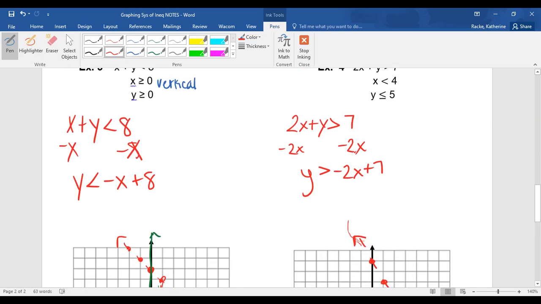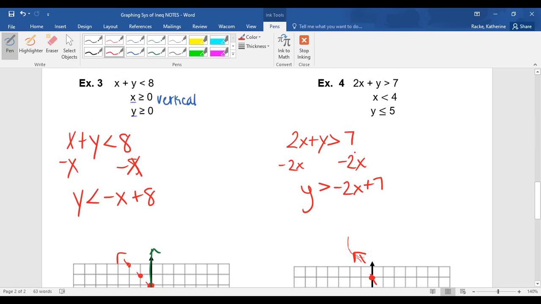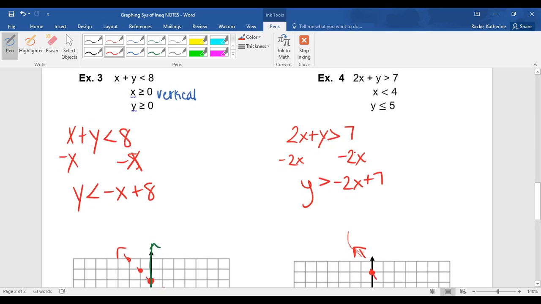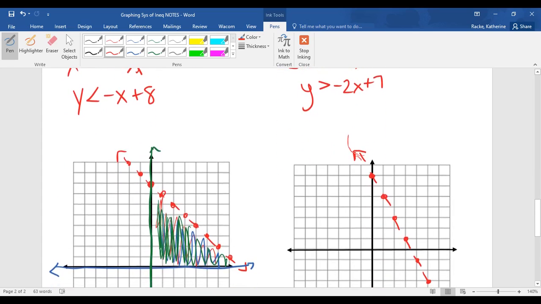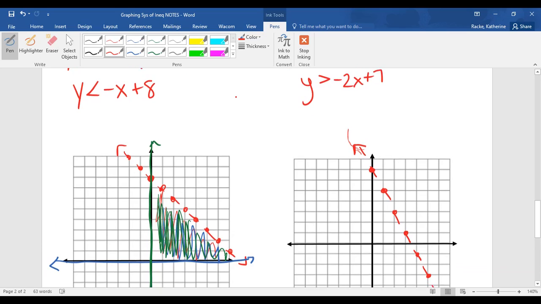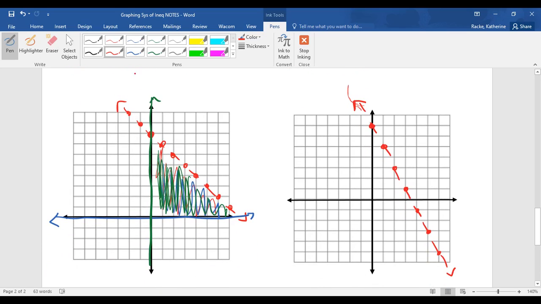All right, we'll go ahead and do our other 2 lines. So x is less than 4. So for this one, we are going to where x is 4.